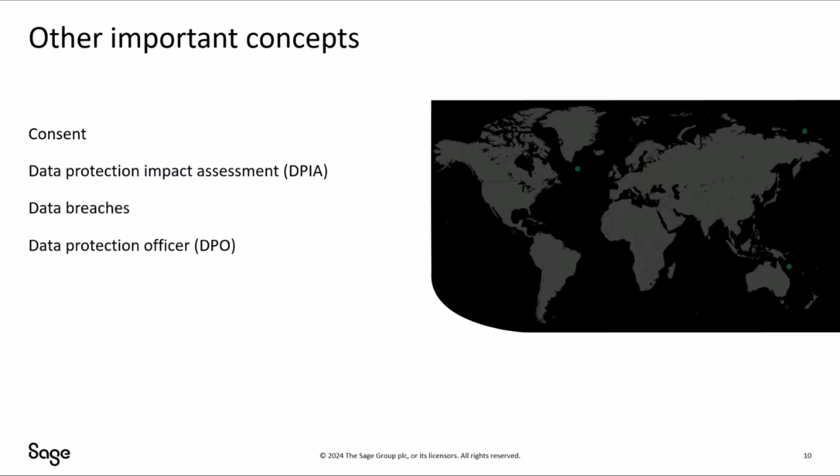And then there are some other very important concepts, such as the Data Protection Impact Assessment, or DPIA, and this is something that has to be carried out. A DPIA has to be carried out for any high-risk processing activities.